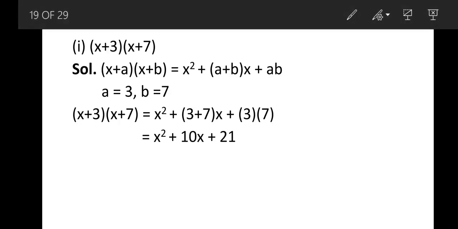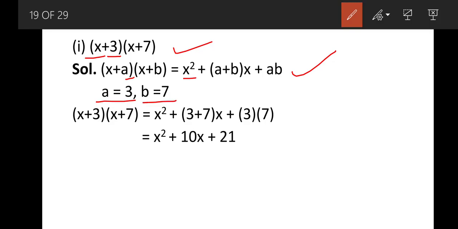This is your question 2 first part, and it is mentioned in the question that you are supposed to use this identity. So if I compare the given question with this identity, what I conclude: x is present here also, so I have not written that. In place of a it is 3, so a is equal to 3, b is equal to 7.